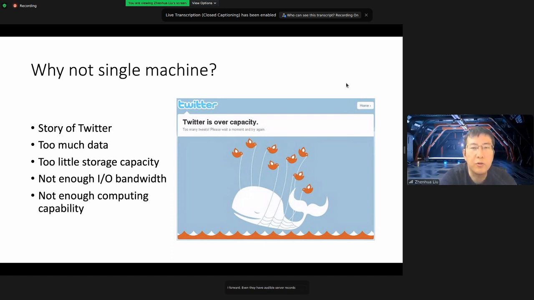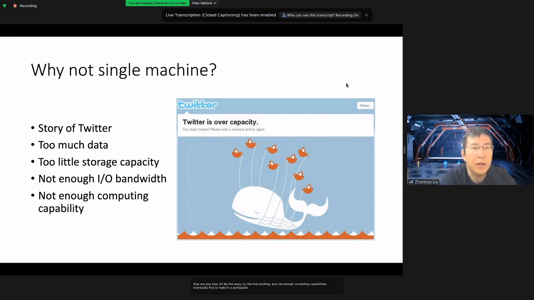So for the user, you can program it like a single machine. But later, they don't have enough capacity for the data, not enough I/O bandwidth for the networking, and not enough computing capability. Then they are eventually forced to make it a distributed system.